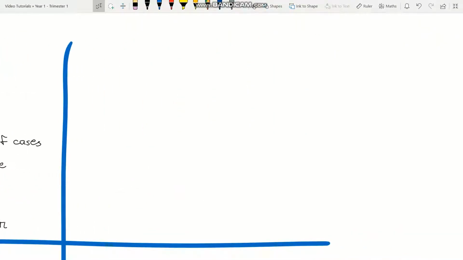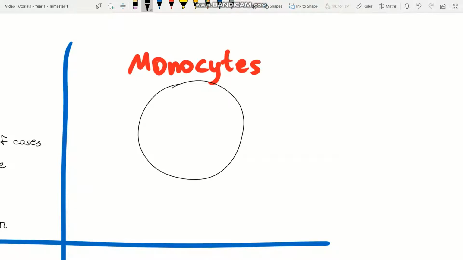After lymphocytes, we have monocytes. Monocytes are also quite important as well because they are able to differentiate into a very, very important cell. But firstly, in terms of their own structure, they look something like this. So, they have a circular shape. However, the nucleus is sort of a C shape.